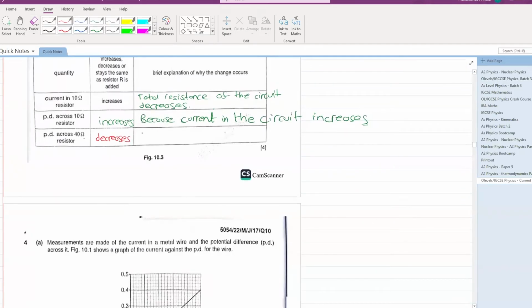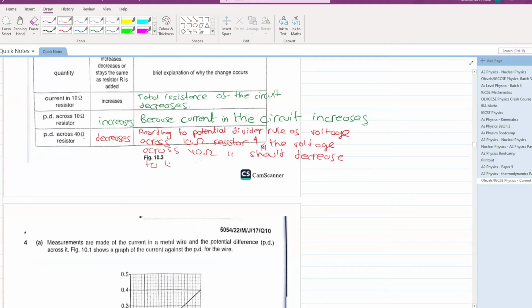Because according to the potential divider rule, as the voltage across the 10 ohm resistor increases, the voltage across the 40 ohm resistor should decrease to keep the overall voltage of the battery the same.